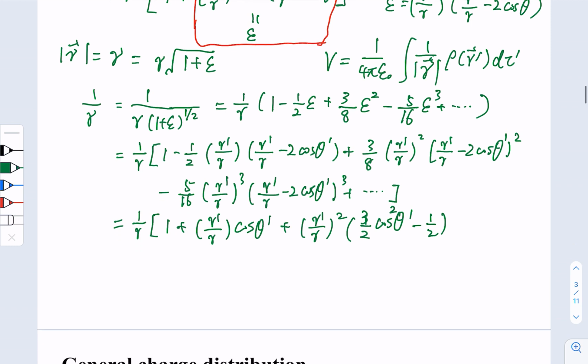And now let's do one more step and try to calculate the power of r prime over r to the power of 3. And again, let's see. So there is one term contributing from here, and also one term contributing from here.